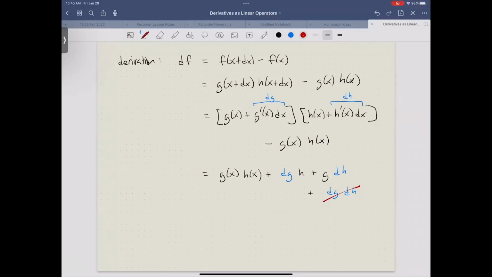This is higher order. So that's gone. If d is arbitrarily small, that's infinitesimal, and then we still have the minus g of x h of x term here, and that's it, right?